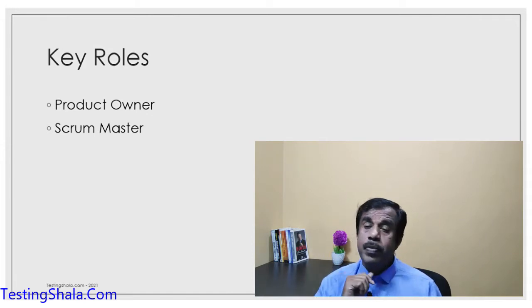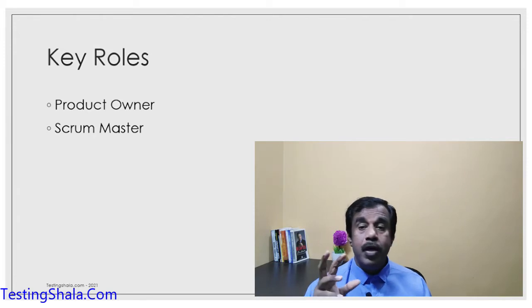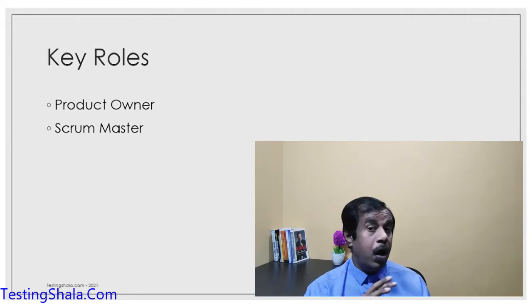The second role in the Scrum team is the Scrum Master. The Scrum Master acts as a point of contact for all the activities happening in the Scrum teams, all the processes, all the deliverables.